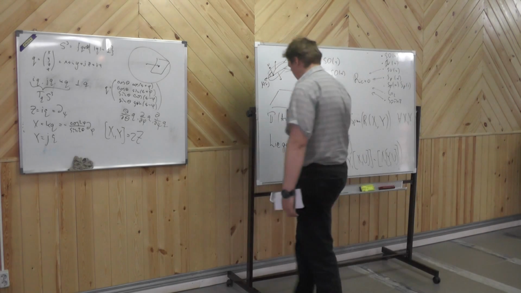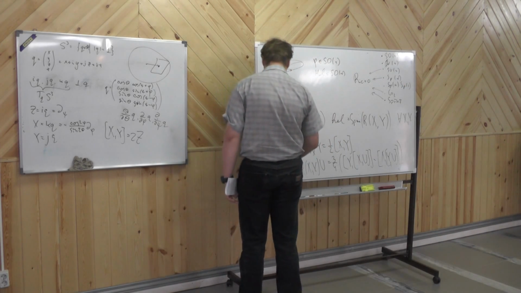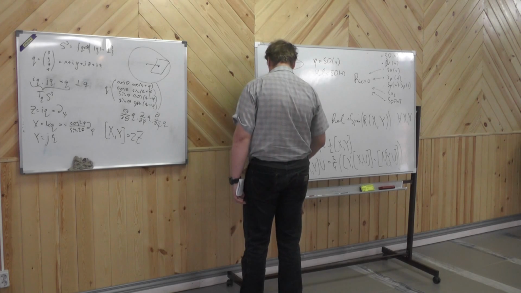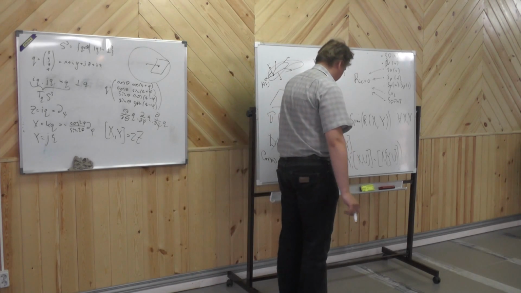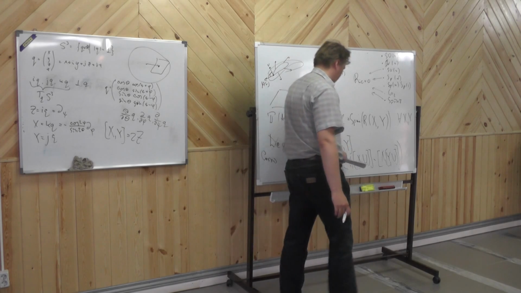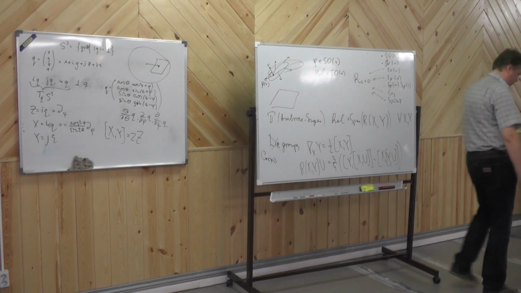Imagine that we have not a Lie group but a Carnot group. And consider that the thing is, by definition, the following one.